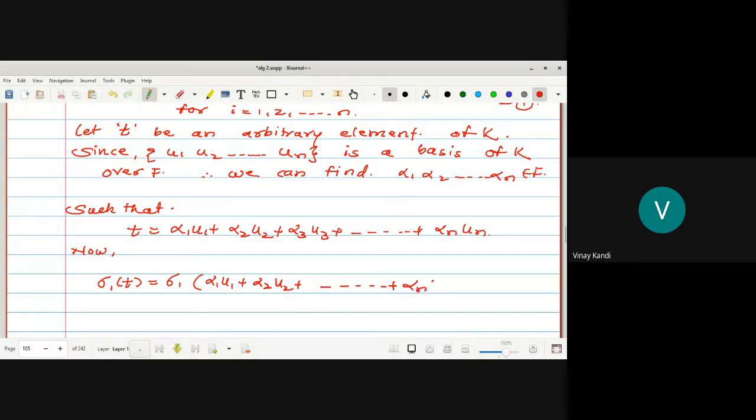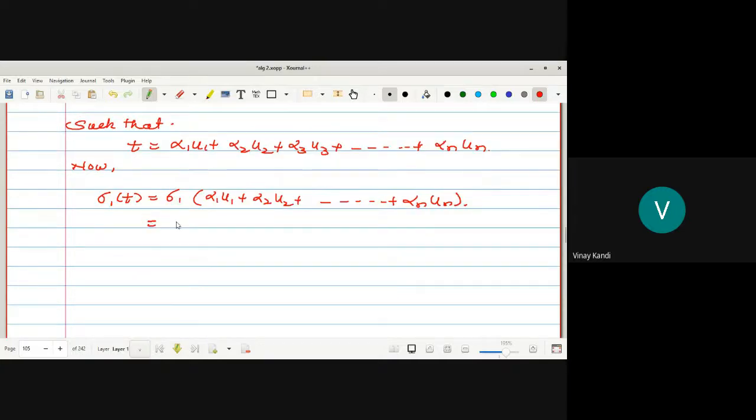Since sigma 1 is an automorphism, it preserves the operations of addition and multiplication. So sigma 1 of alpha 1 into sigma 1 of u1, plus sigma 1 of alpha 2 into sigma 1 of u2, and so on, plus sigma 1 of alpha n into sigma 1 of un. What is the reason? Sigma 1 is an automorphism.